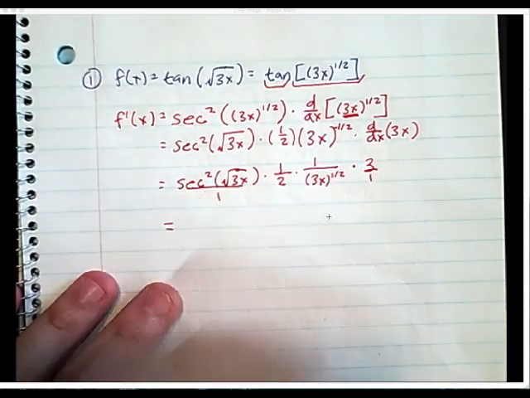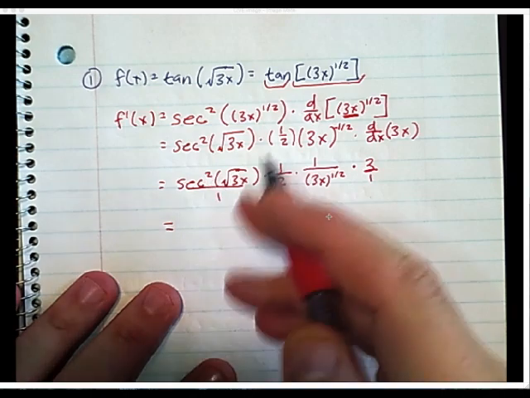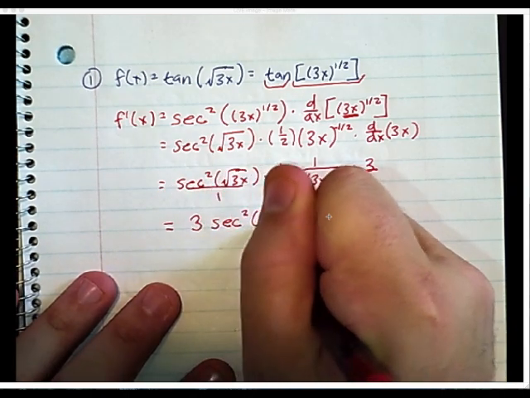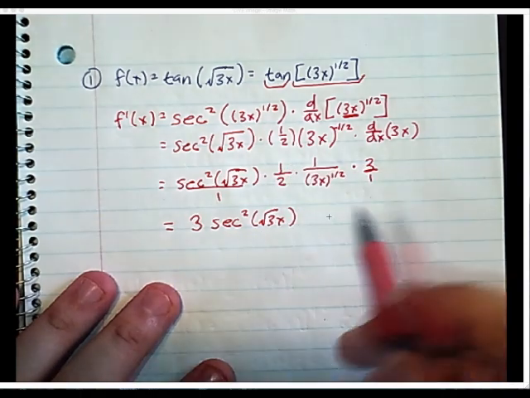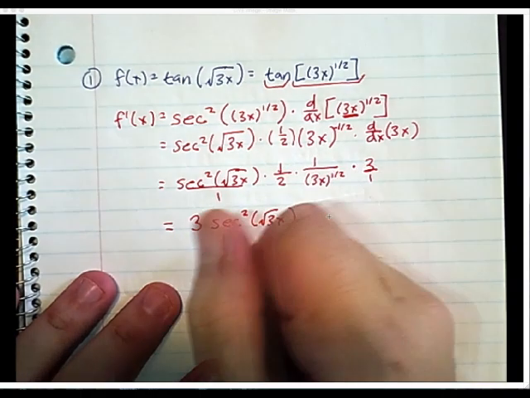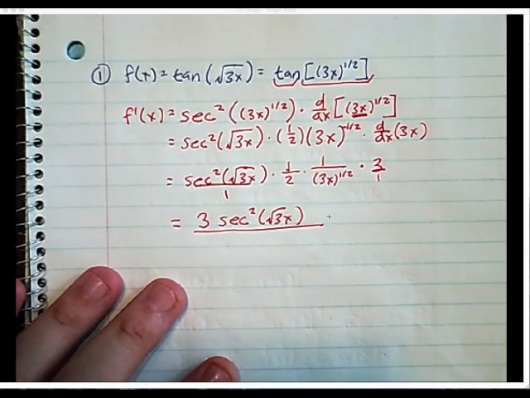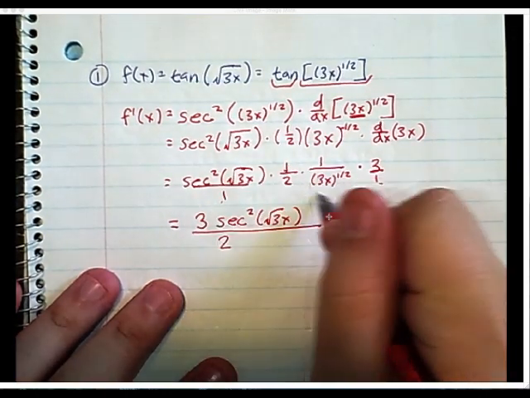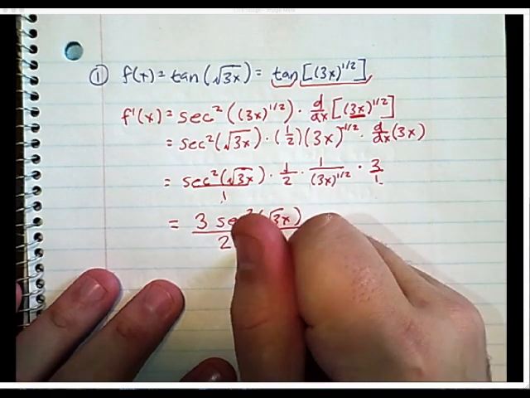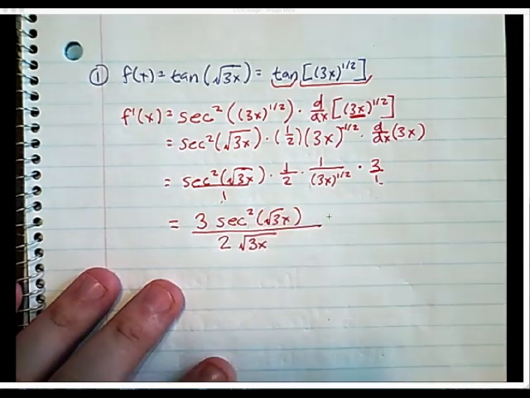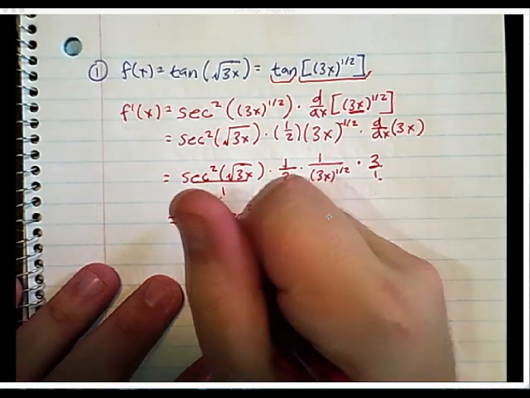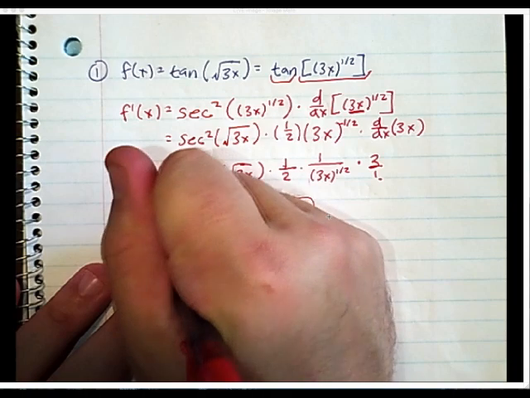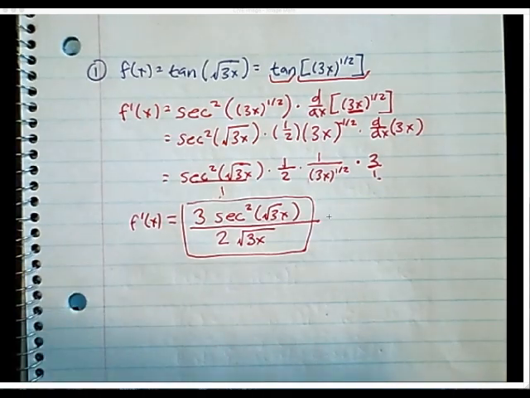So if I want to write this a little bit nicer, along the numerators I have a 3 secant squared of root 3x, 1 times 1, don't need to put those. And in the denominators I have a 1 times 1, that's 1, times 2, and I can rewrite this as a radical. So 3x to the 1/2 power is just root 3x. So that's probably the nicest way we can write it. And what did we do there? We used chain rule multiple times.